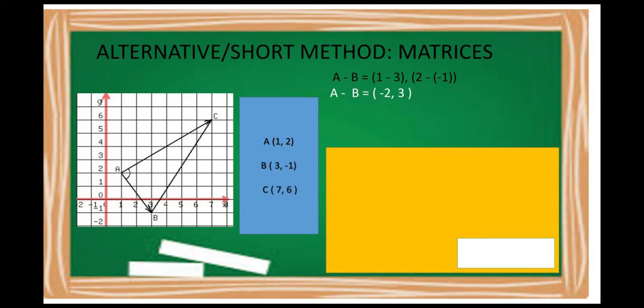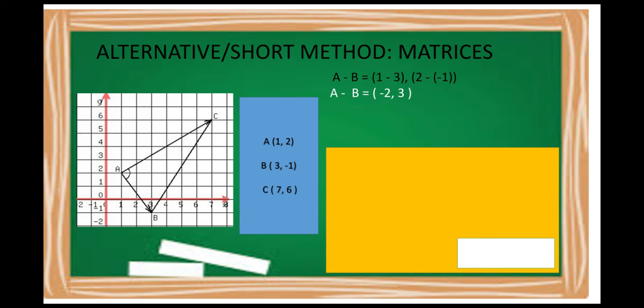For example, as I choose these 2 points, point A and B, the component of x for point A is 1, and then the component of x for point B is 3, and then the component of y for point A is 2, minus the component of y for point B, which is negative 1.